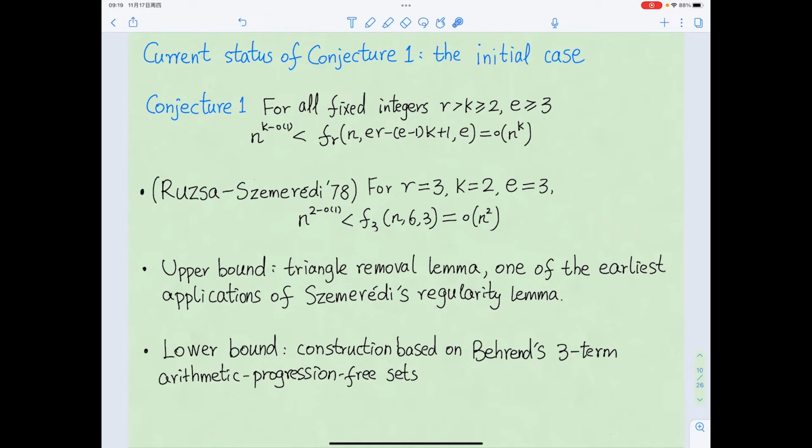After the paper of Erdős and Sós, several other groups of researchers tried to extend the result to other parameters. In fact, people are able to prove conjecture 1 for several other sets of parameters.